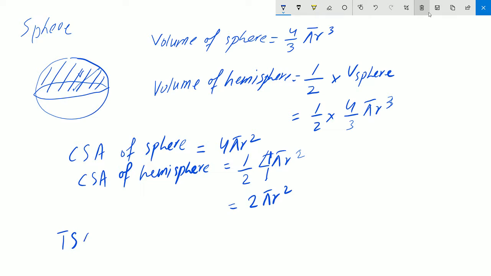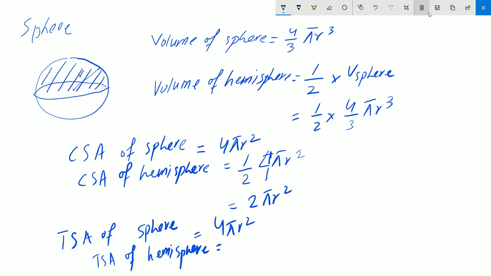Now, the total surface area of a sphere is the same as its curved surface area. This is because the whole of a sphere is a curved area. So we have 4 pi r squared, and similarly the total surface area of a hemisphere is half of that of the sphere, half of 4 pi r squared, which is again 2 pi r squared.